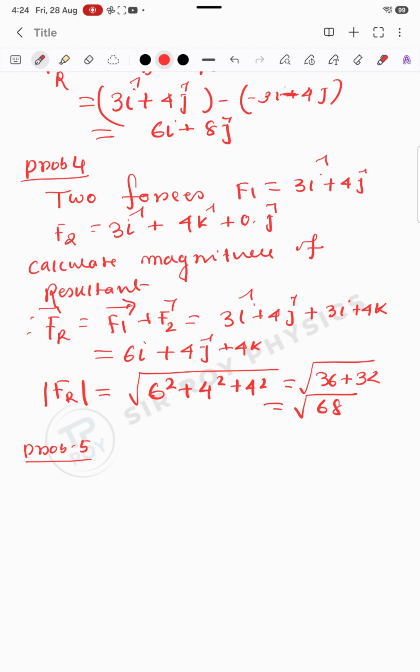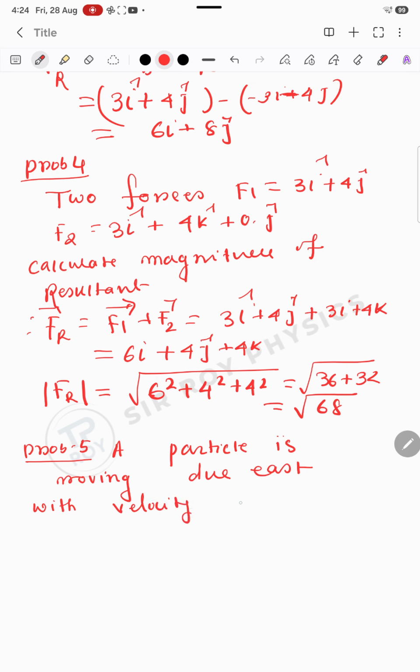Problem number 5. A particle is moving due east with velocity 5 meter per second.